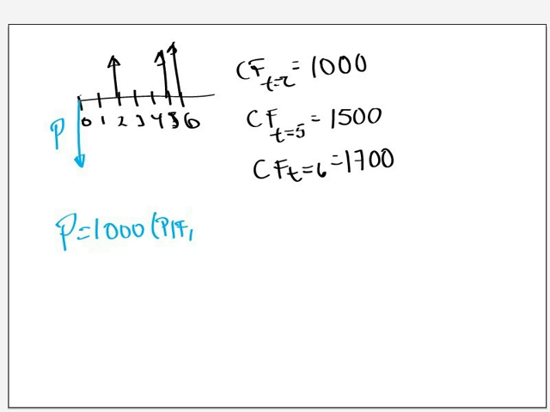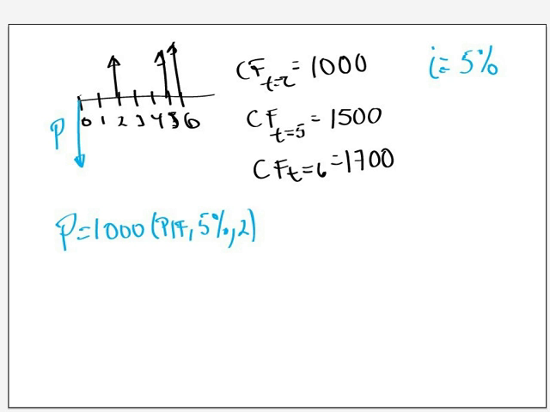Let's say that the interest rate is something different. Let's use 5%. So the present value is P given F for 5%, and this is happening at t equals 2, and that would take into consideration the first $1,000.